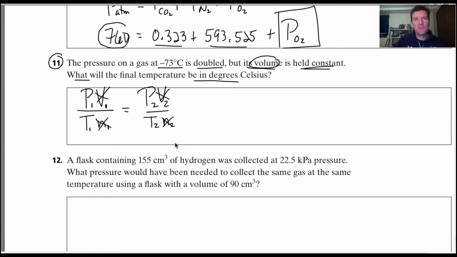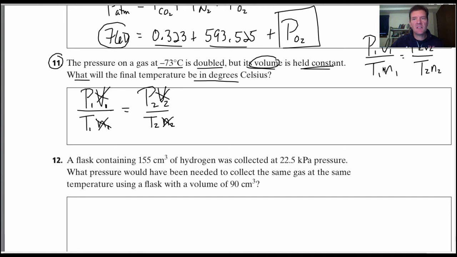So really this simplifies. What I'm saying is you can always start with kind of the ideal gas law, okay? This here, and if there's something that doesn't change, then just get rid of it. You don't need it in your equation. This is relating all 4 variables: pressure, volume, temperature, and number of particles.